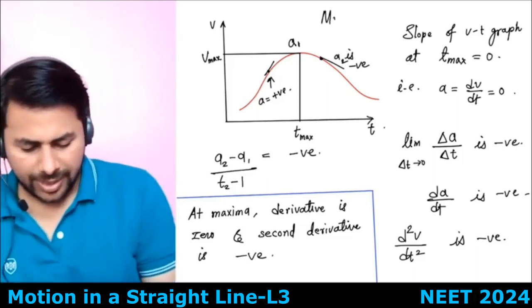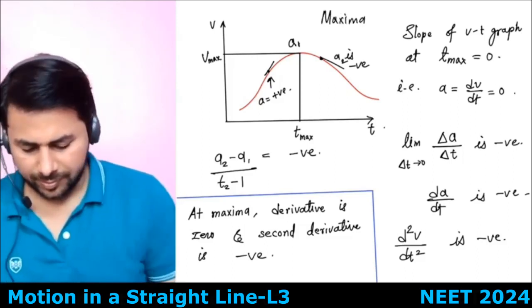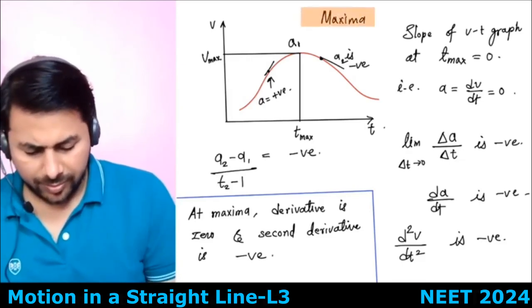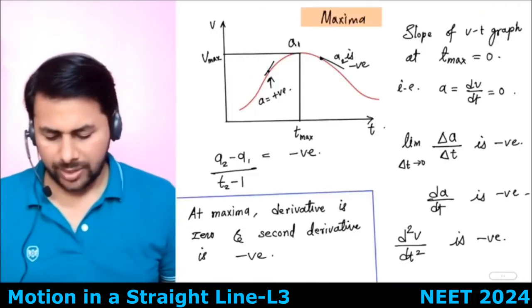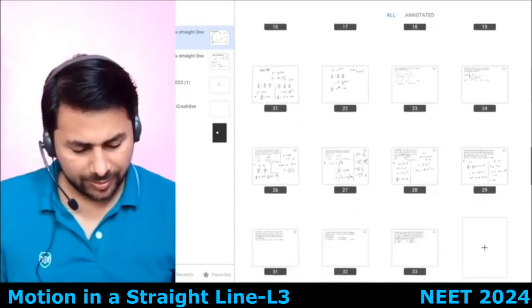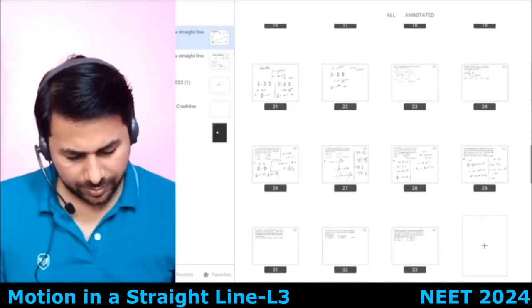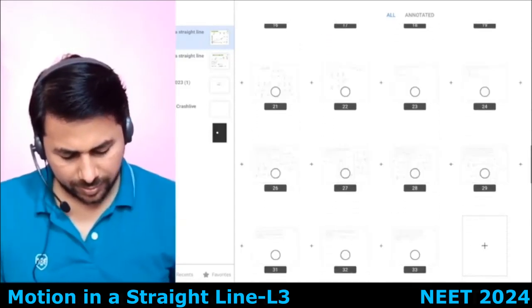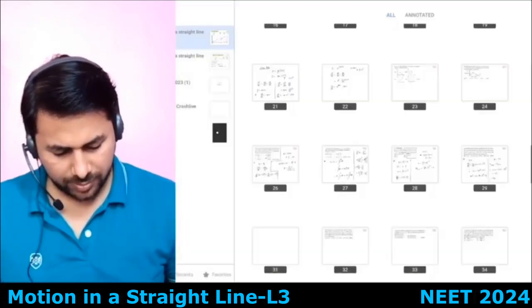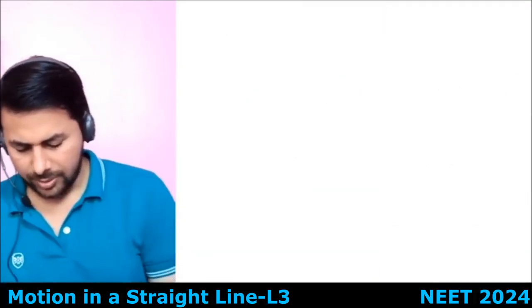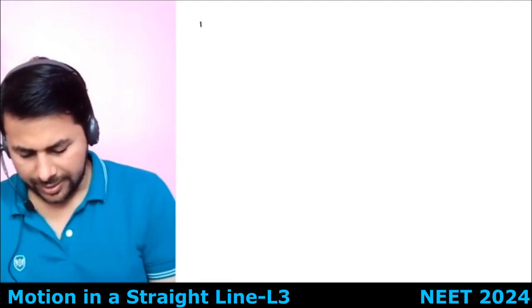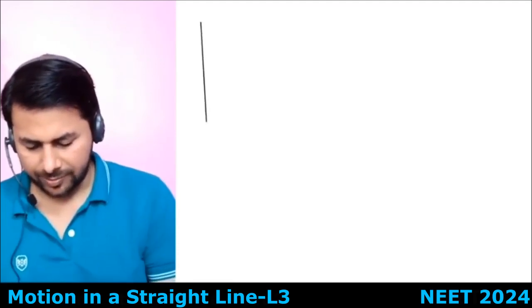So this is your maxima. Similarly, we can have a minimum value of a function. Now, I have taken velocity as an example. It can be any function.